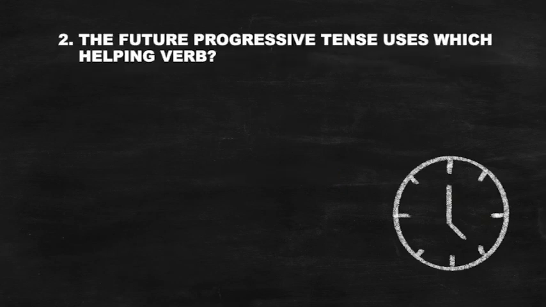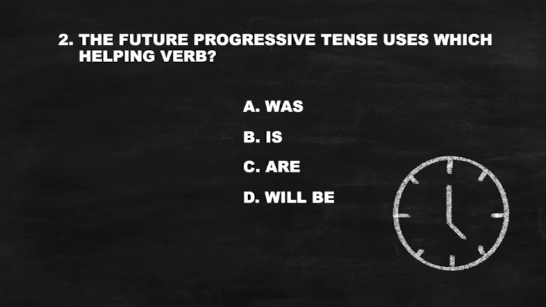Question 2. The future progressive tense uses which helping verb? A. Was. B. Is. C. Are. D. Will be. If you answered D, you know that the future progressive tense uses the helping verb will be.